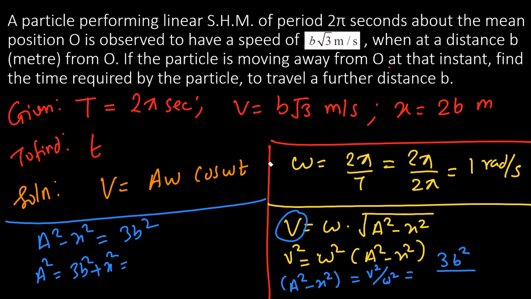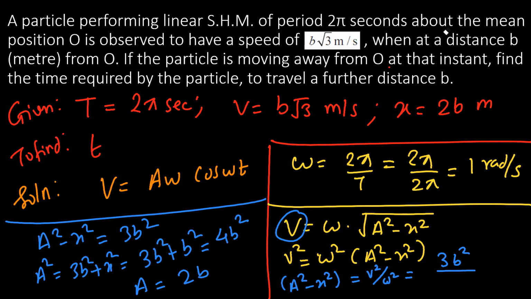Distance is x. तो यहाँ पे x is b only. So b square plus b square. ये total distance है. Here we are writing just 0 to b. So this will become 4b square. So what is your a? A is 2b. So a भी मिल गया, omega मिल गया, सब कुछ मिल गया.